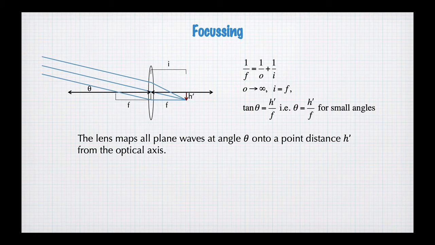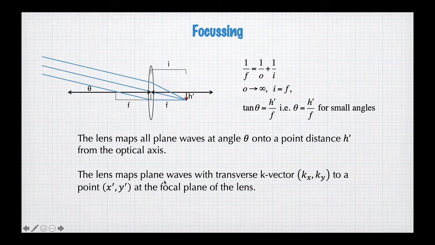So the lens maps all plane waves at angle theta to a point at distance h dashed from the optical axis. In other words, the lens maps plane waves with transverse k vectors, kx and ky, to a particular point x dashed and y dashed at the focal plane of the lens.